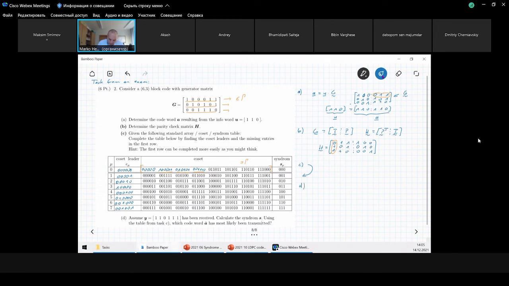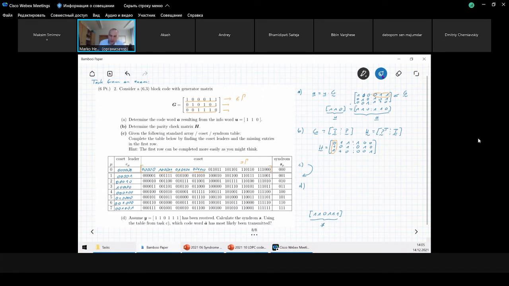Task D. So we receive Y. We need to multiply it with H transpose, so leave some space at the top. We receive 1, 0, 1, 1. This is Y, what we receive.